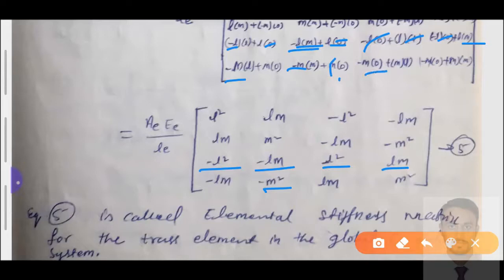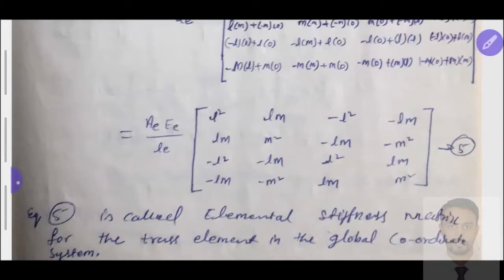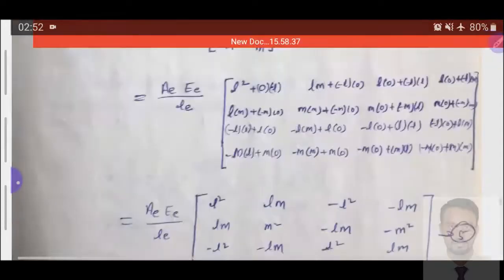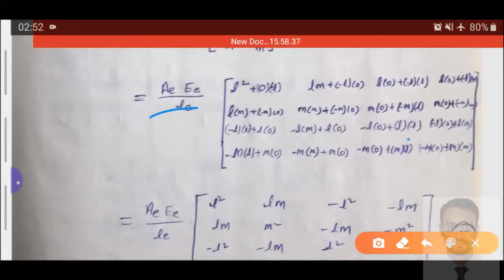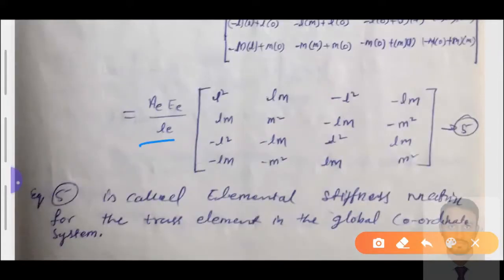So then this equals 0, ML, this becomes Lm, and then this value is equal to 0, m into m both are positive, plus m square. So we have this value as it is, and the rest of the things we have found.